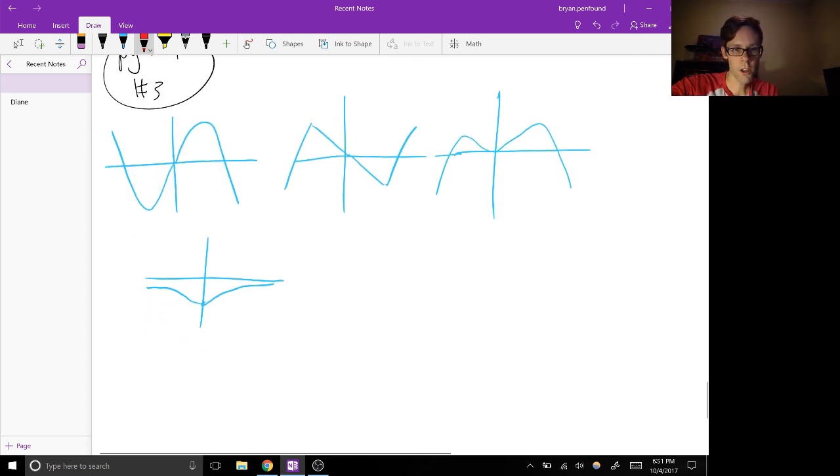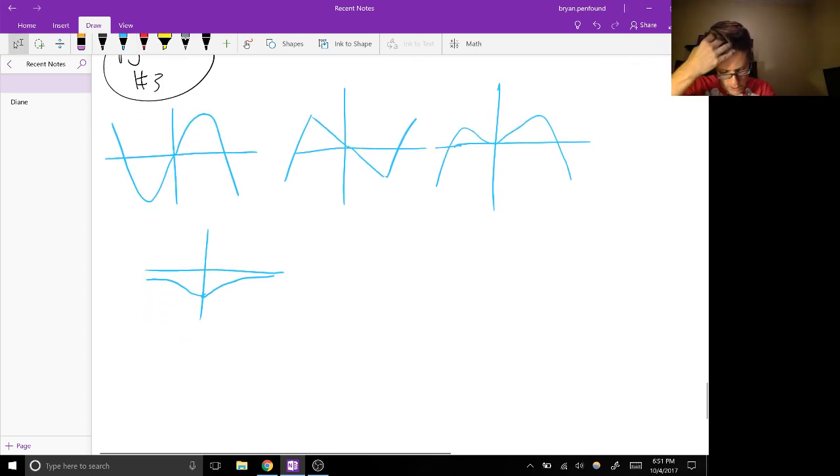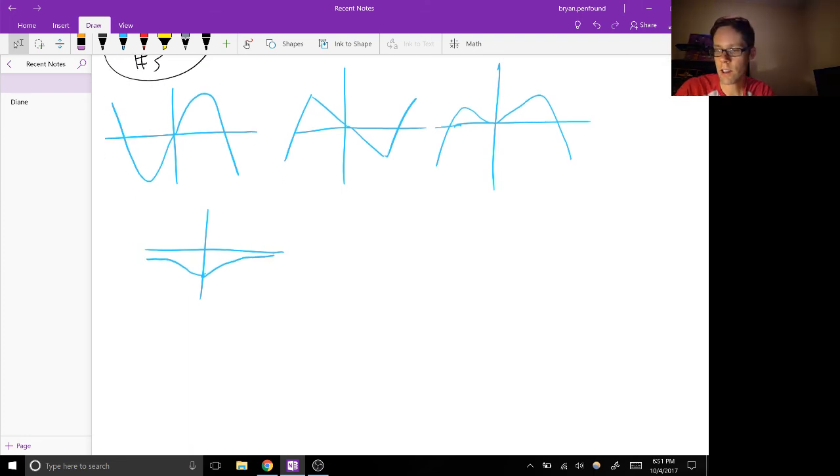So we had 4 functions given to us in blue, and we want to try to match them up with their derivatives, which are given in red.